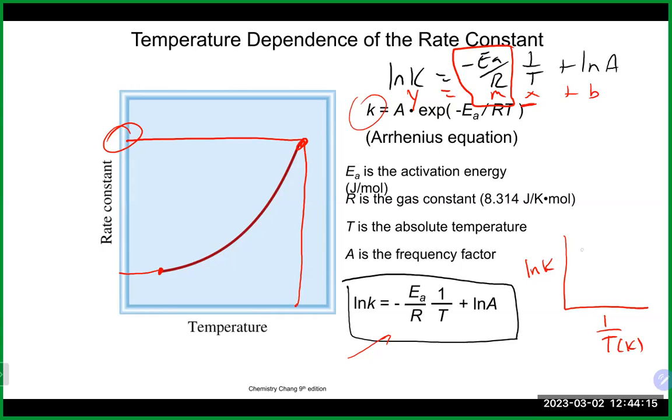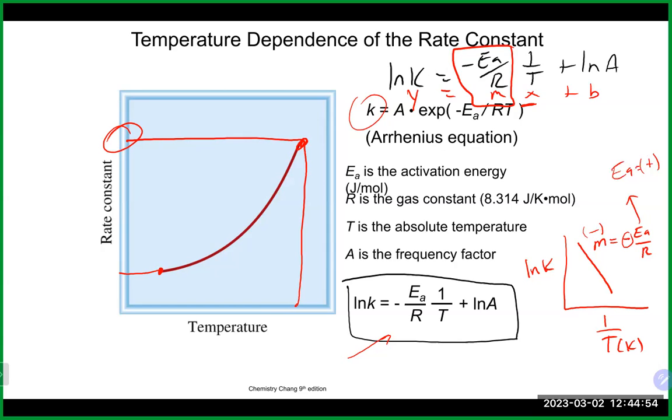That typically gives us a linear relationship such as this, where the slope is equal to minus Ea over R. Now, R is the gas constant, 8.314, which means if you did the graph, you could get the slope from a best fit line and multiply it by 8.314, and that will give you your activation energy. By the way, in the graph I just drew on the bottom, is the slope positive or negative? Negative.